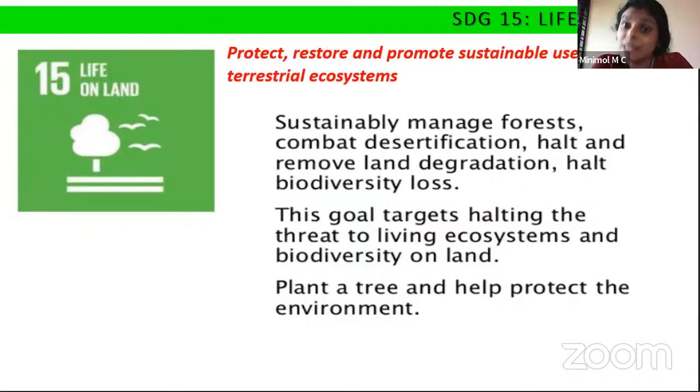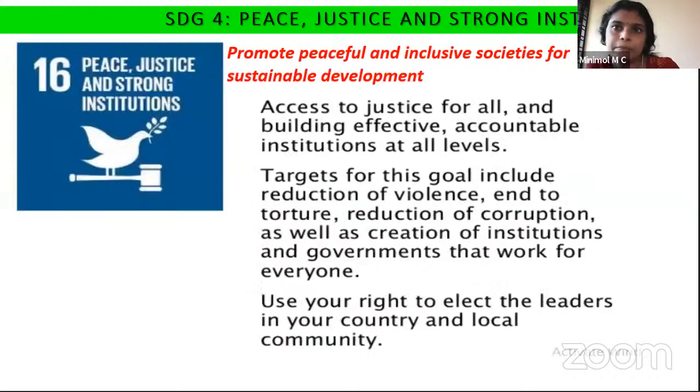We need to manage it sustainably, combat desertification, halt and remove land degradation, and put an end to biodiversity loss. All these are really important to ensure that life on land is going on smoothly. So what we can do here is plant a tree and help to protect the environmental assets.